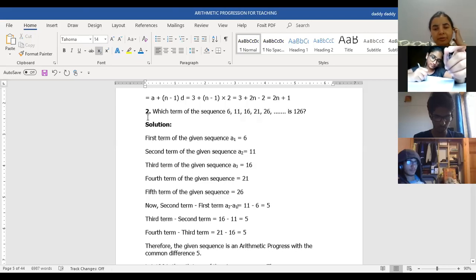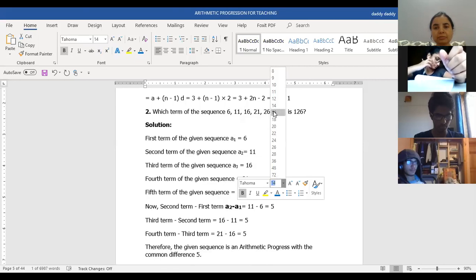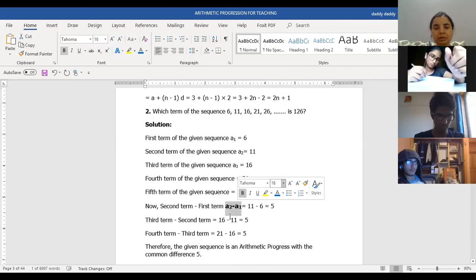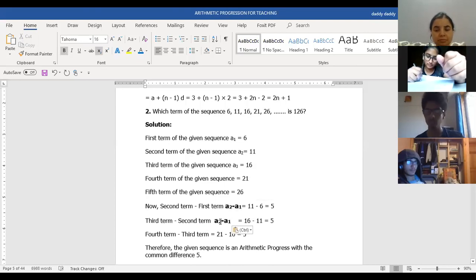So now you will be subtracting to get the common difference. Here, why have I given the names? Because I want to do A2 minus A1. And similarly, here I'm doing third term minus second term, so A3 minus A2, 16 minus 11, and fourth term minus third term.